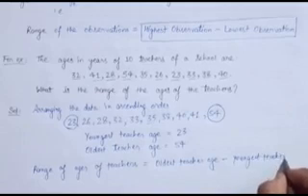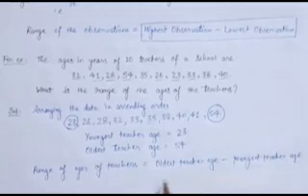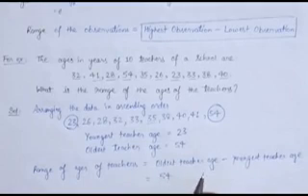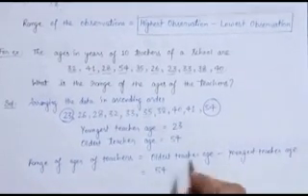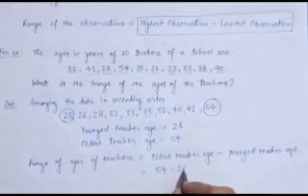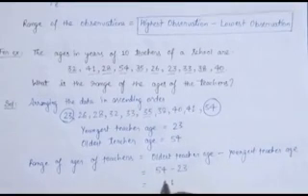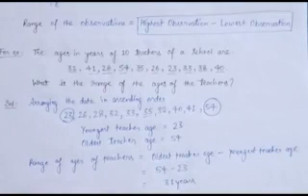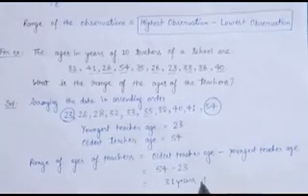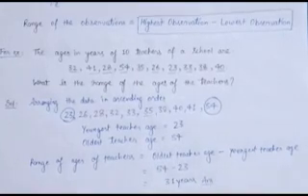Now let us substitute the values. So we have 54 minus 23. So 4 minus 3, 1, 5 minus 2, 3. So 31 years is the range of ages of teachers. So this is our required answer. Now I hope it is clear how to find the range of a given data.